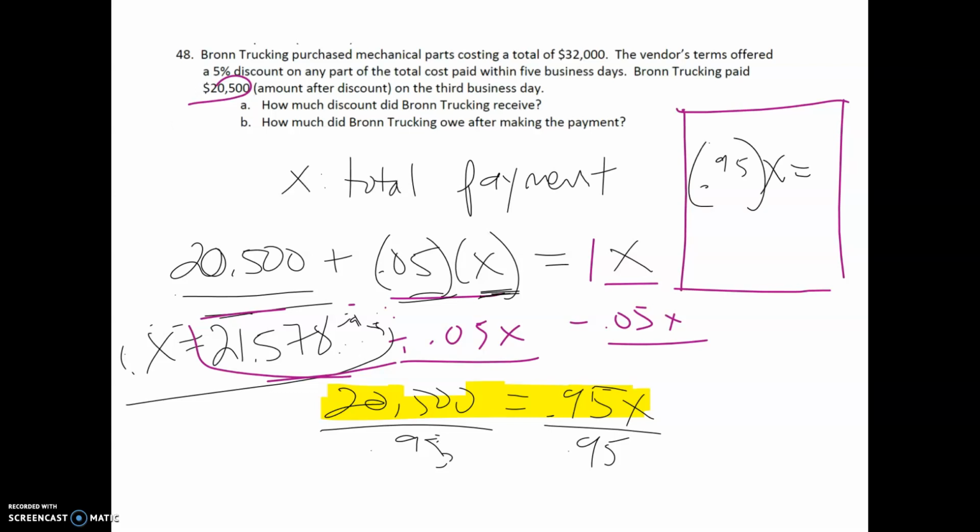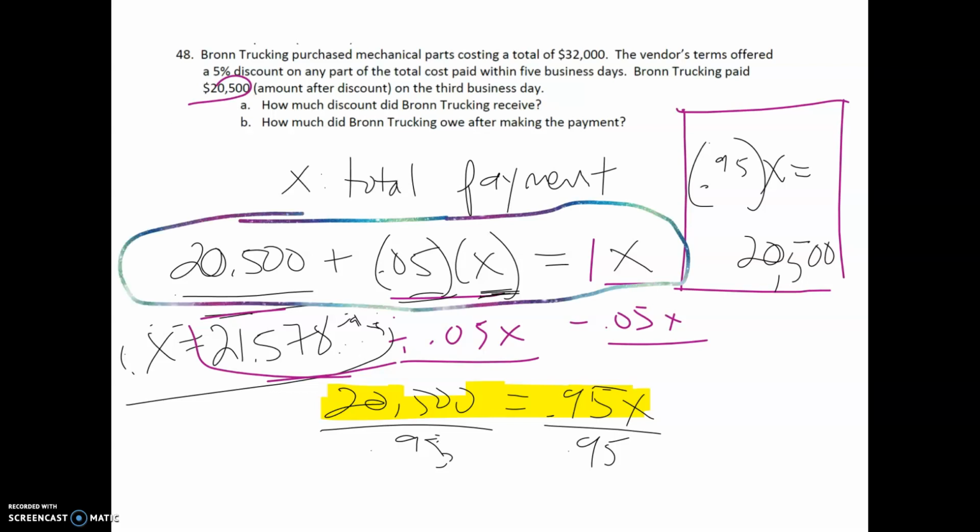And the 95% of the total amount should be equal to 20,500. This just depends on how you think about it. My initial thought was to think about it like this, what I'm circling. But you could jump right in here if you say, wait a minute, if I got a 5% discount, then I only paid 95% of the total.